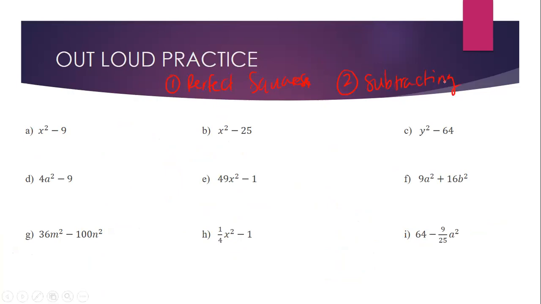If this is true, then all I'm doing is looking at the roots of these perfect squares. So for example, x squared and 9: they're perfect squares, check. Is it being subtracted? Check. So therefore my factors are x minus 3 and x plus 3.